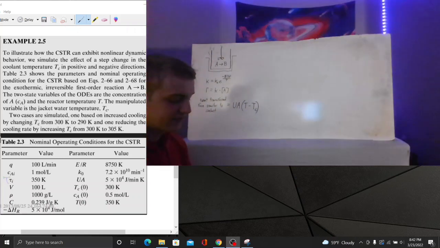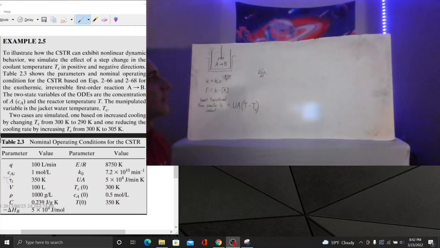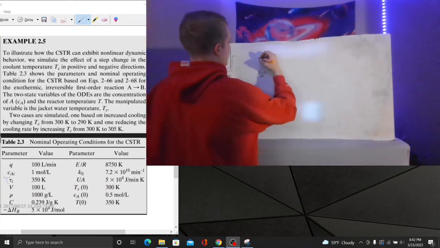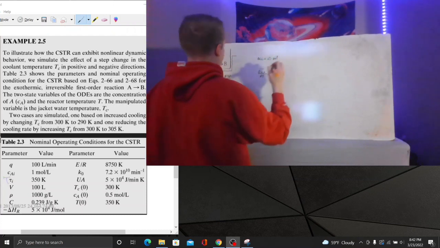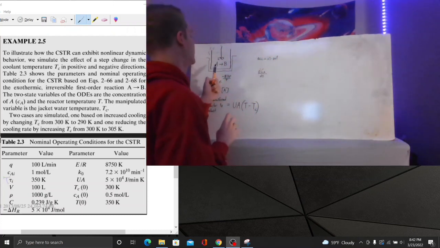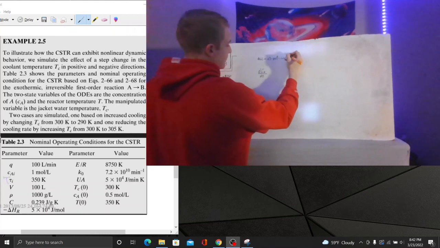So now we can find the differential equation for the concentration of A over time. So I'm going to denote that as dCA over dt. And how we're going to do this is by doing a mass balance, where we're just going to use the normal equation where the accumulation equals what goes in minus what comes out. And then also, since we have a reaction going on here and some of A will be consumed, it is also minus what is consumed.